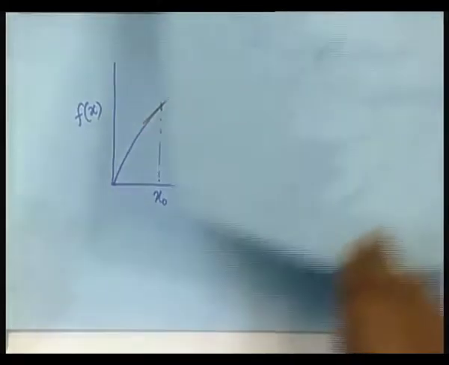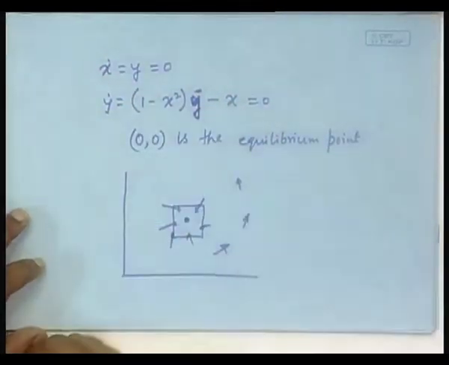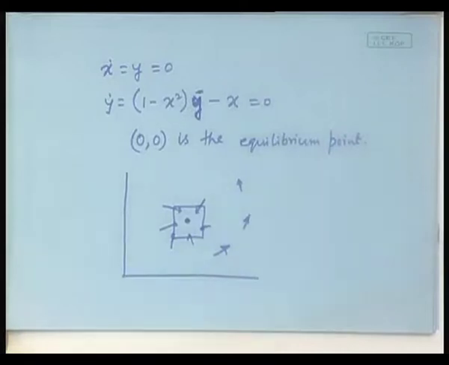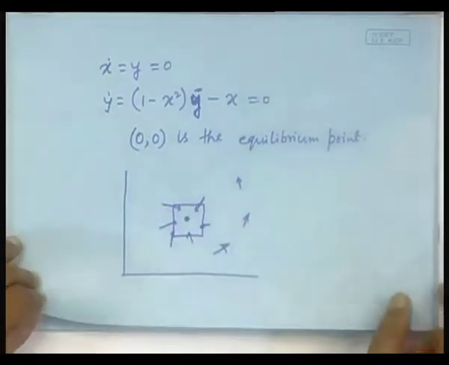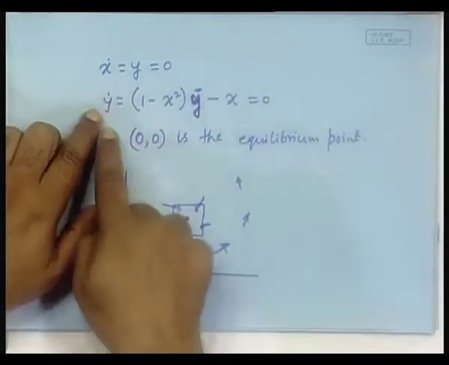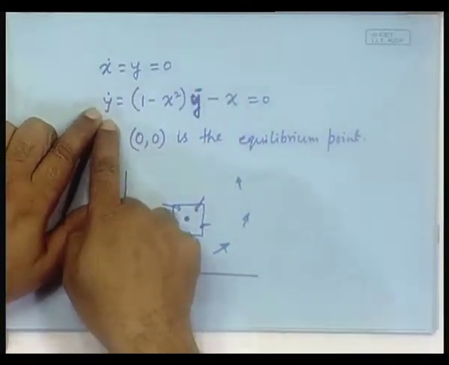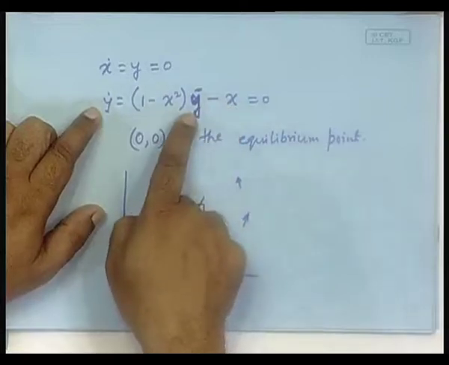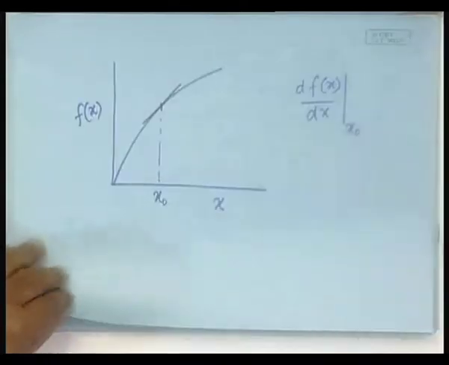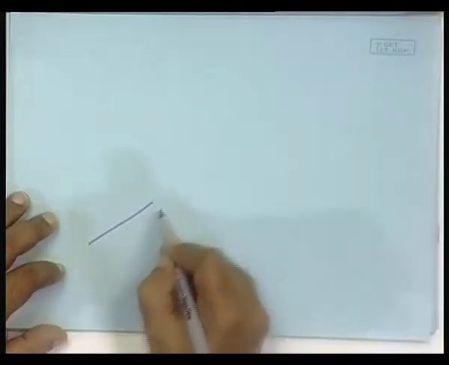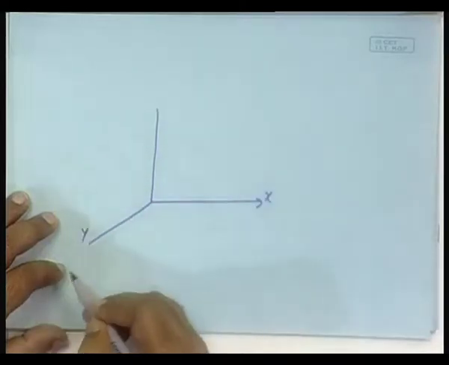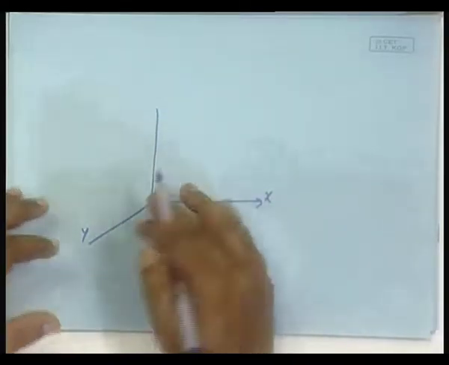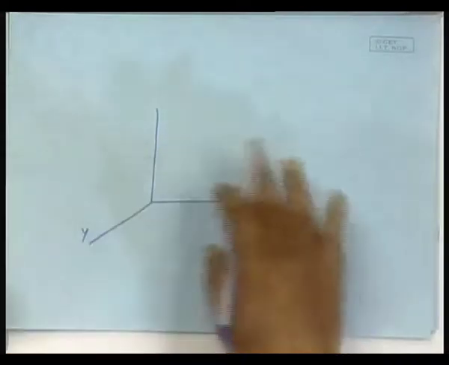Now, if you have a function like this in 2D, then how do you visualize that? For example, you imagine this y dot is a function of x and y. So, you have x, y, and x dot is some kind of a surface here.